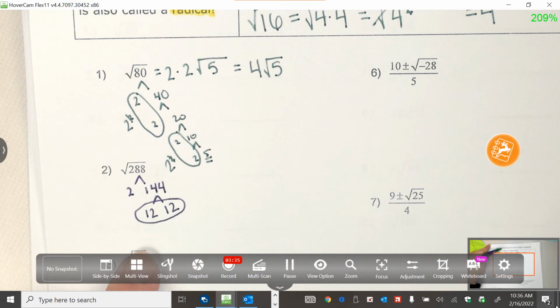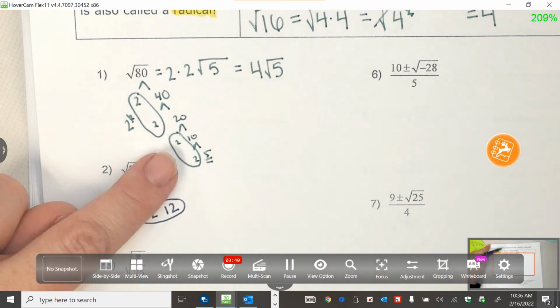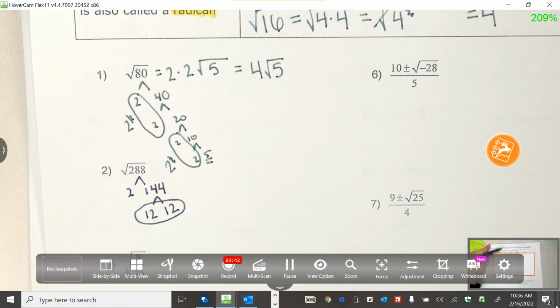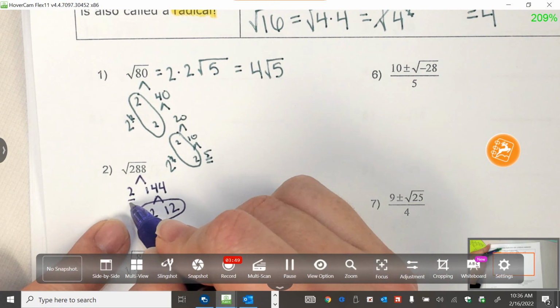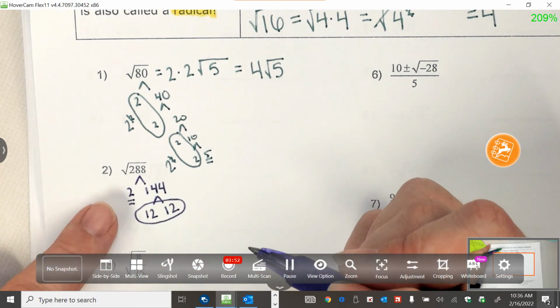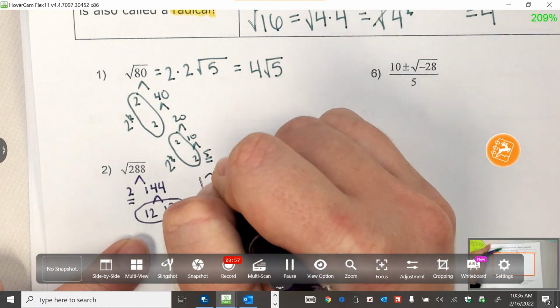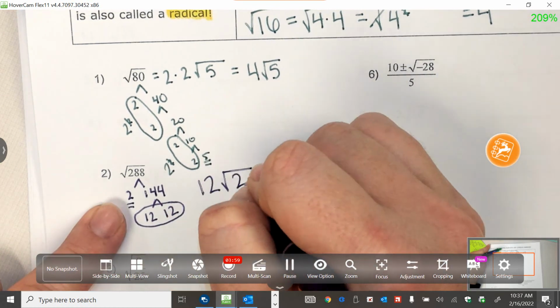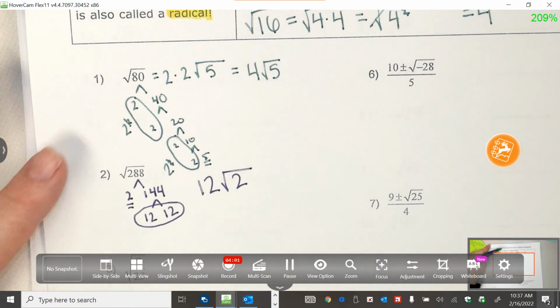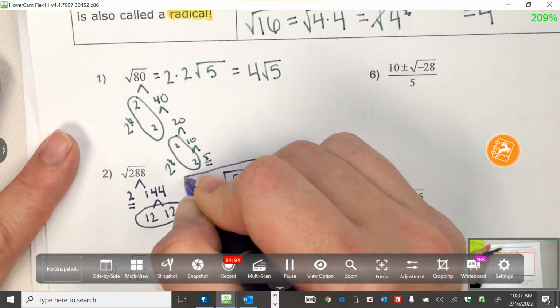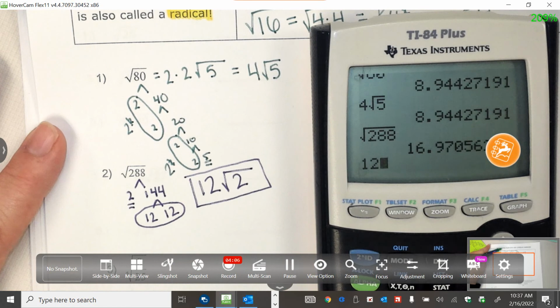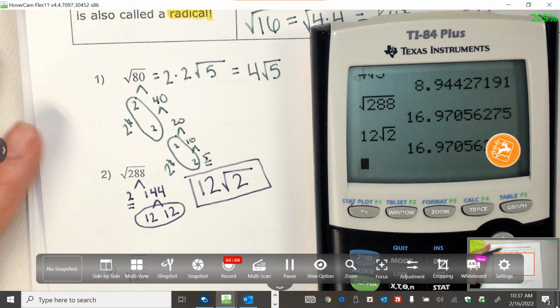Now, if you didn't realize that 144 is a perfect square and you kept going, that's fine. You would have taken out multiple numbers that would have multiplied to 12, and you'd still get the same thing. You'd probably have 2 times 2 times 3, and then whatever's left over. As long as your leftover is prime, or leftovers are prime. So again, what matches comes outside of the house, and your leftover stays inside. And again, we can check our work. Do they match? Yes.